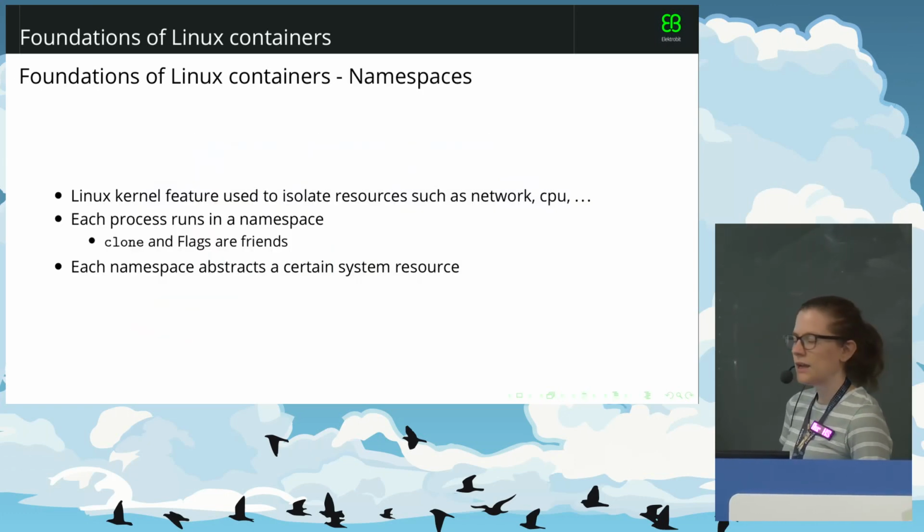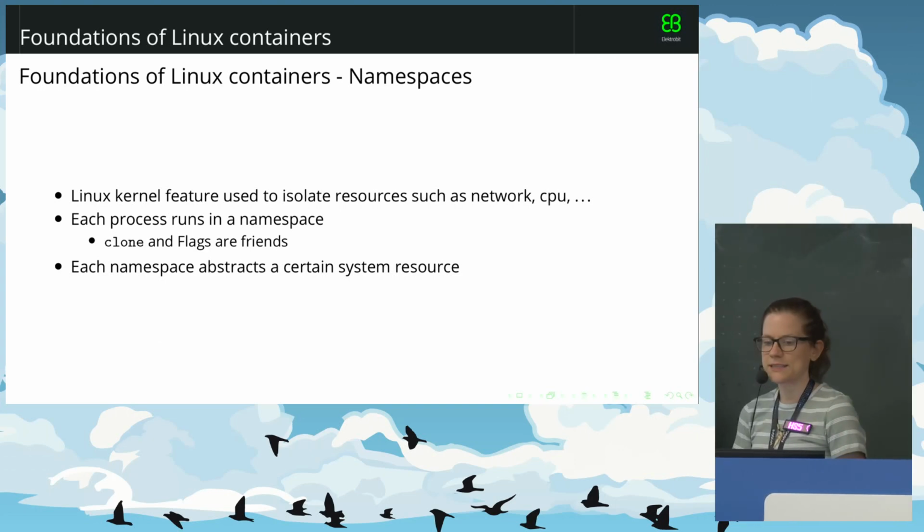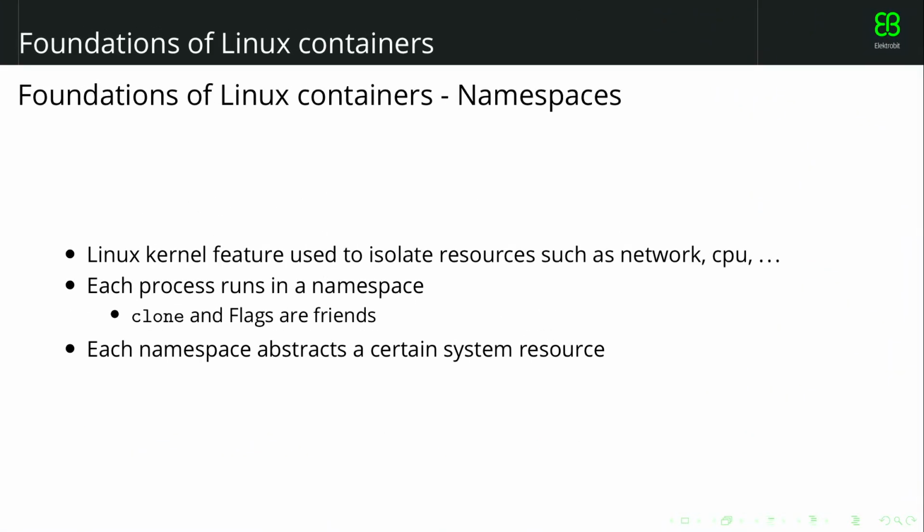Looking again at namespaces: namespaces are a Linux kernel feature we use to isolate resources from each other. So we can isolate the resources of the host system from the container.